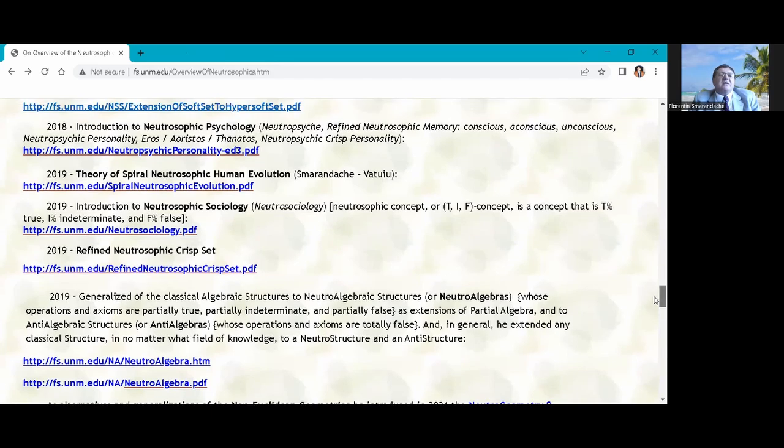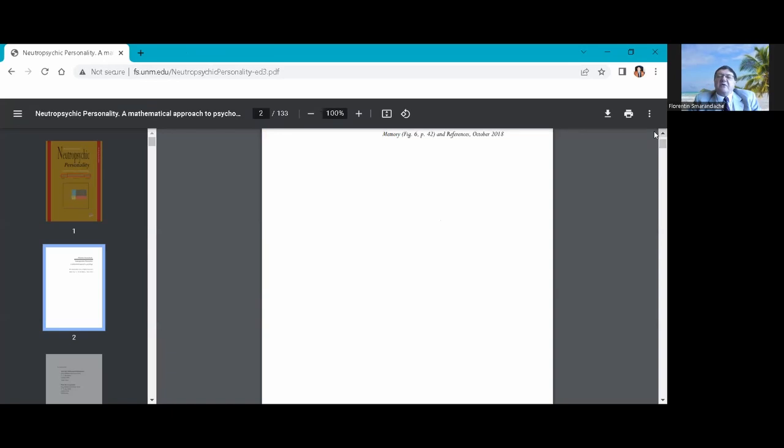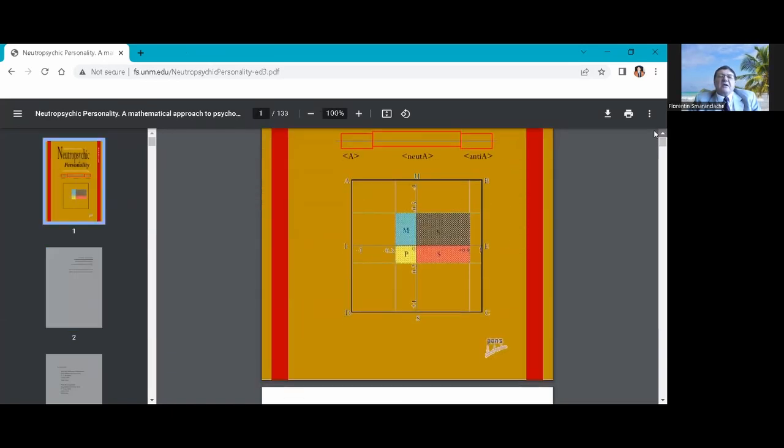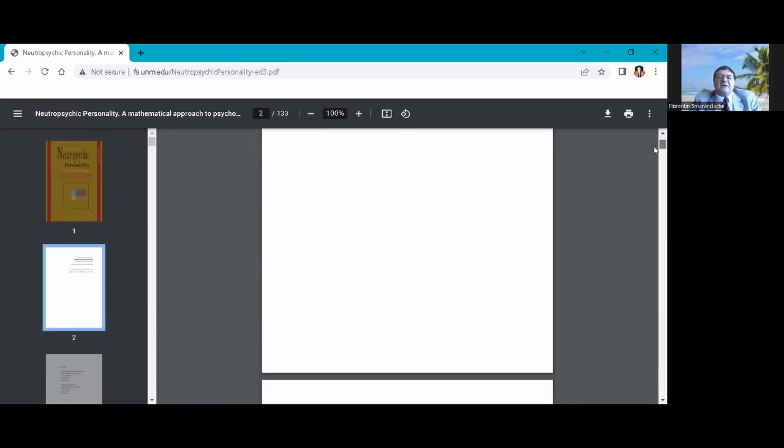Neutrosophic set and logic were used also in psychology to define, for example, the temperament of a person, because we say neuropsychic personality, because for a personality we have a degree of each type of personality.